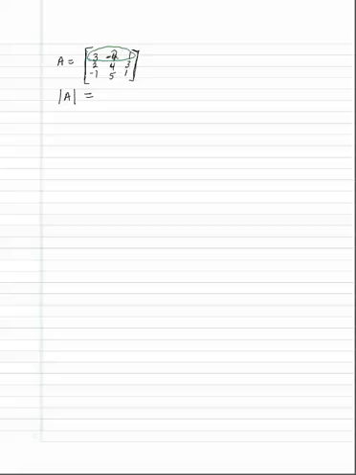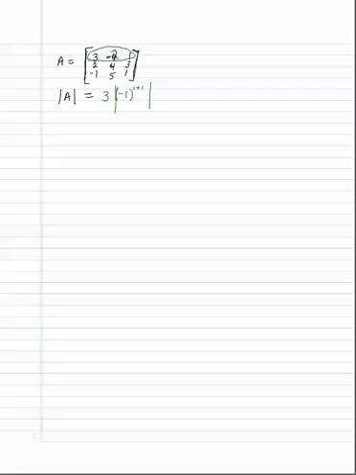Alright, so I'm going to do 3 times the minor of 3, times the cofactor. So the cofactor is going to be negative 1 to the 1 plus 1 times the minor.